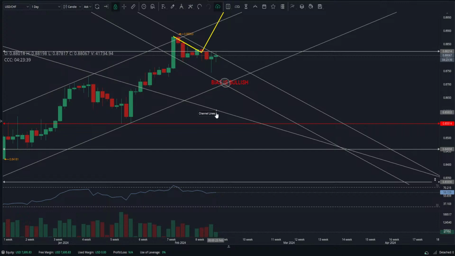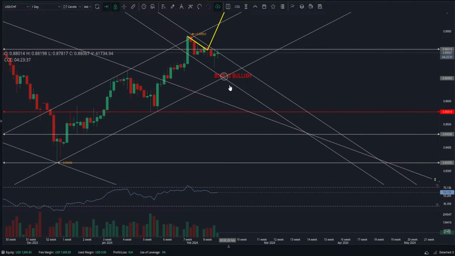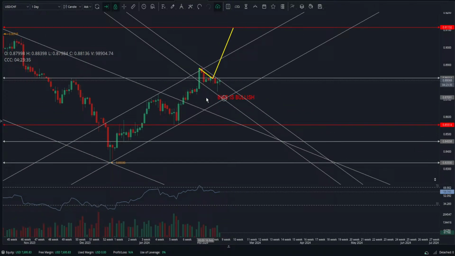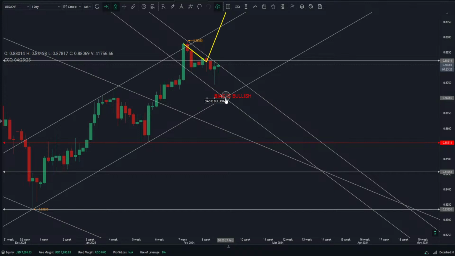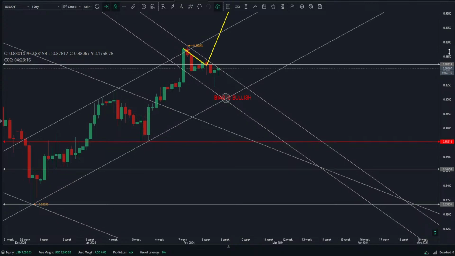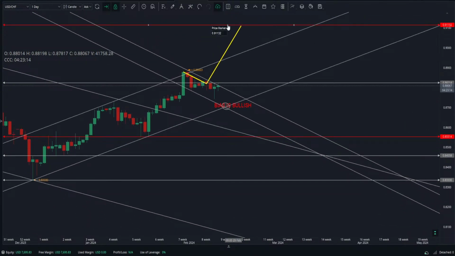If you can get the price bought here, I think it will be a very good opportunity, because this is also in line with these previous highs and lows, and this is also a rising channel support area. So there are multiple reasons for us to open a buy position close to 0.8698. Let's see how things unfold. Right now 0.8821 is the resistance. Next resistance is 0.9113 in this market.